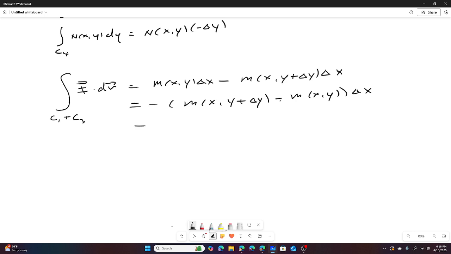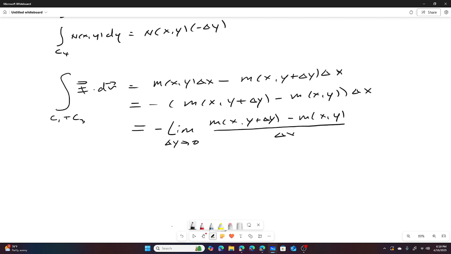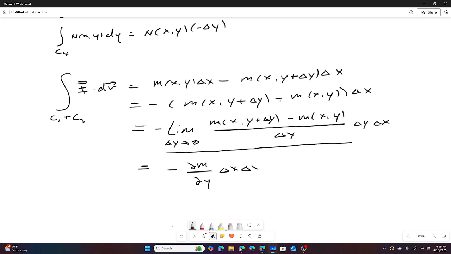So we can make some sort of generalization and say that as delta y approaches 0, this whole thing will just be the partial of m with respect to y, and then you have dx dy.